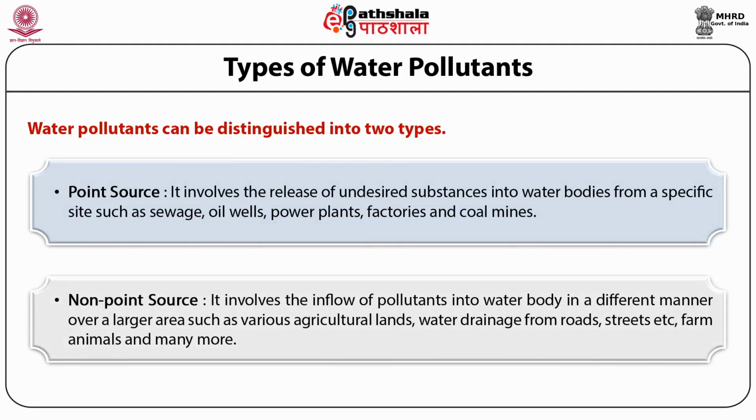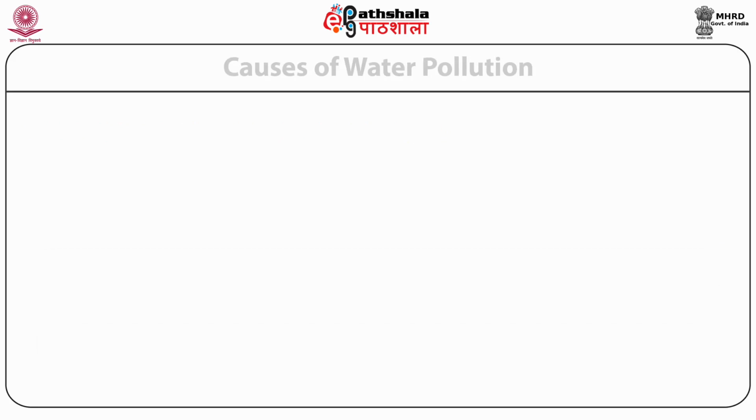It involves the inflow of pollutants into water bodies in a different manner over a large area, such as various agricultural lands, water drainage from roads, streets, etc., farm animals, and many more. These sources are diffused and are poorly defined.